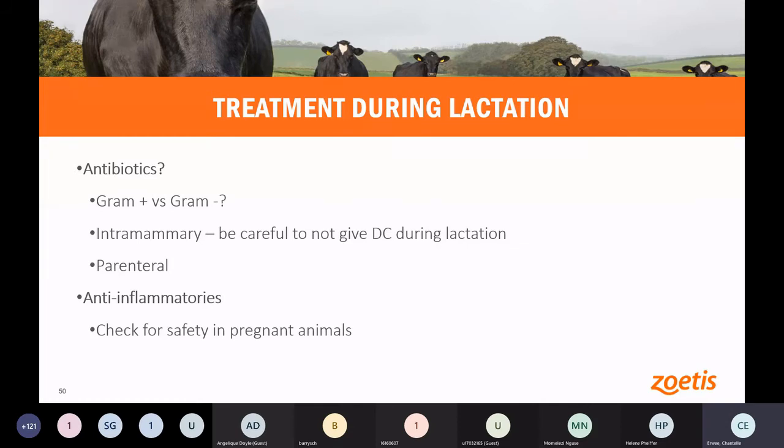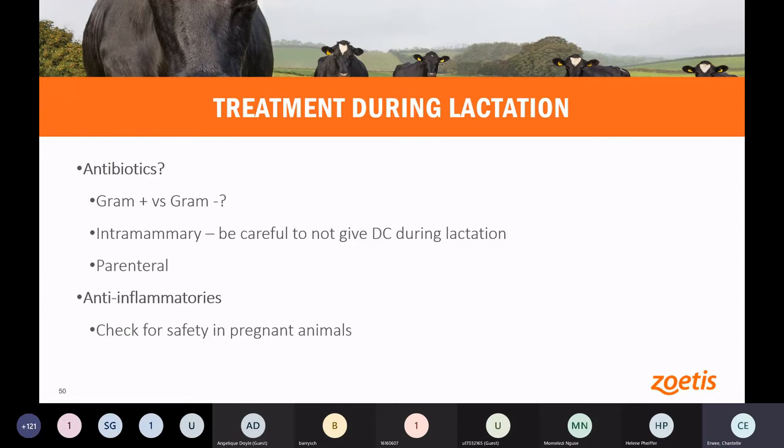Okay, parenteral, these would be your intramuscular or subcutaneous antibiotics that you usually give, especially if it's a very severe infection and the animals are actually systemically affected.